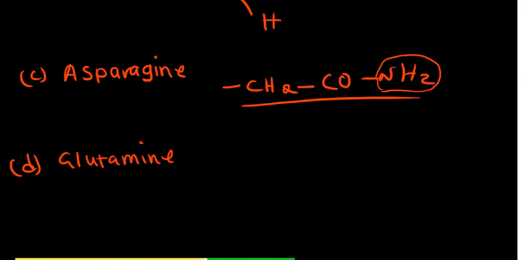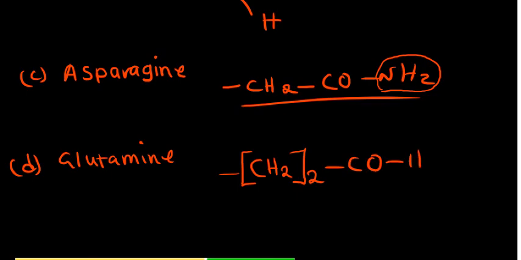Glutamine has this other group: CH2, times 2, then you have CO attached to NH2. So this is also polar because of this, but it is linear, so polar aliphatic.